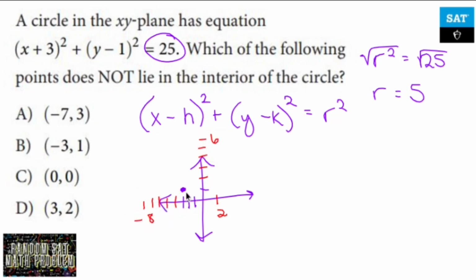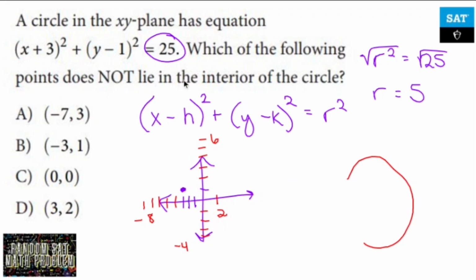And going down 5 goes down to negative 4. So my circle is going to go like this and has to fall within this range. Okay, I didn't do the best job drawing out the circle. I'm just going to pretend that didn't happen. There you go.